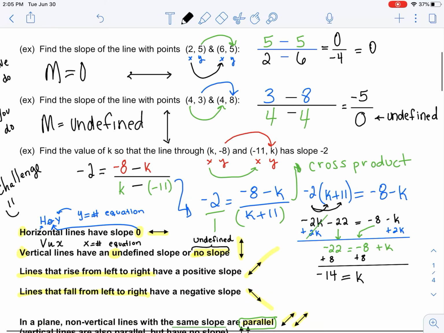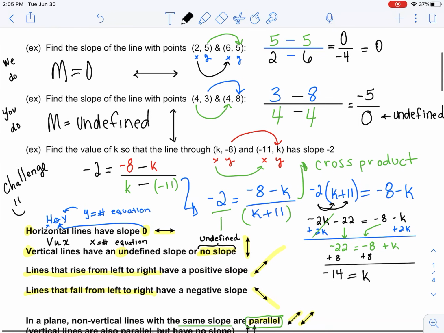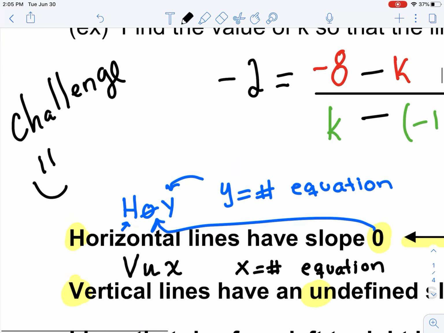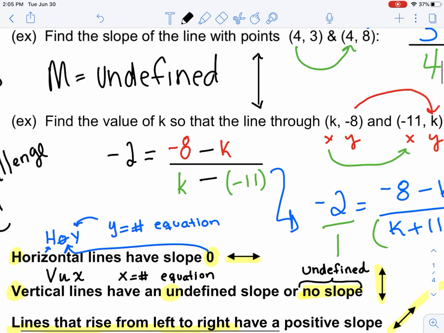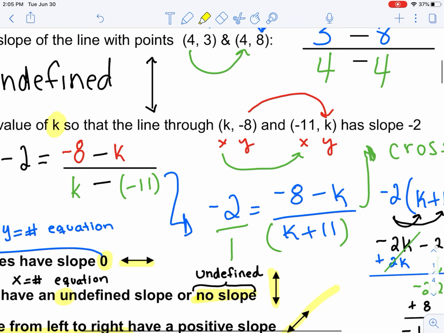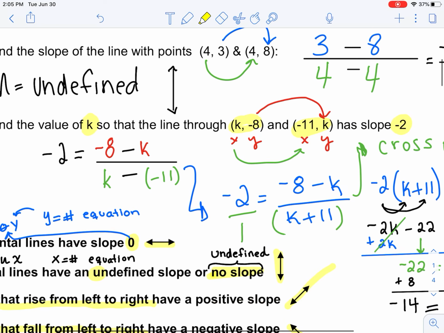All right. Now, I know I pre-filled this next one because I see it more as a challenge problem. So, with that, it says find the value of k so that the line through this point and this point has a slope of -2.